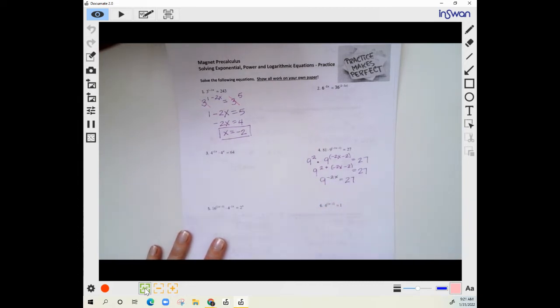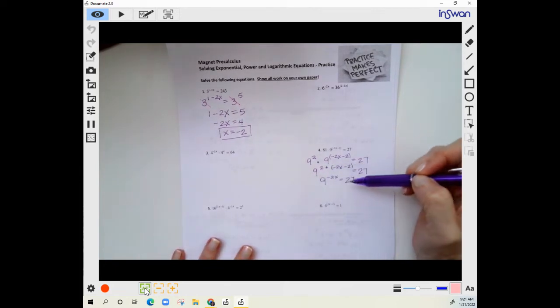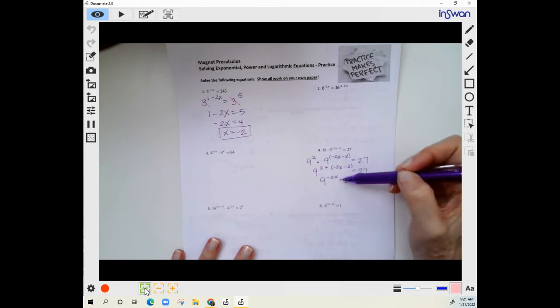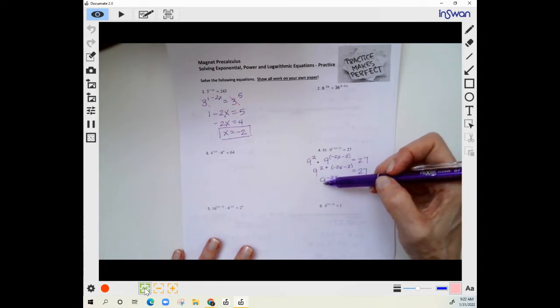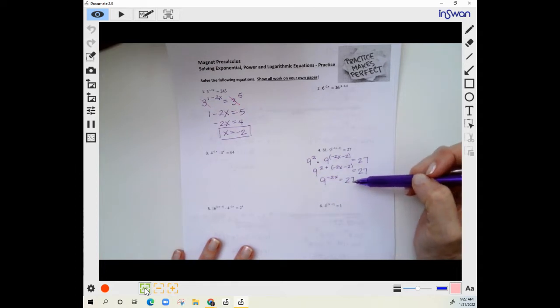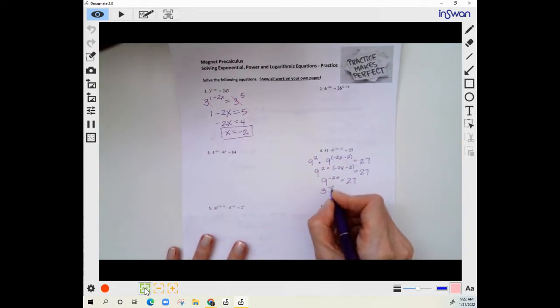All right, now that I've simplified the left-hand side, I'm going to go back to the beginning and rewrite both sides so that the bases match. I can't rewrite 27 to have a base of 9, and you're never going to be writing a smaller base to match a bigger base. So I'm going to have to do something to both sides. Both sides can be written with a base of 3.